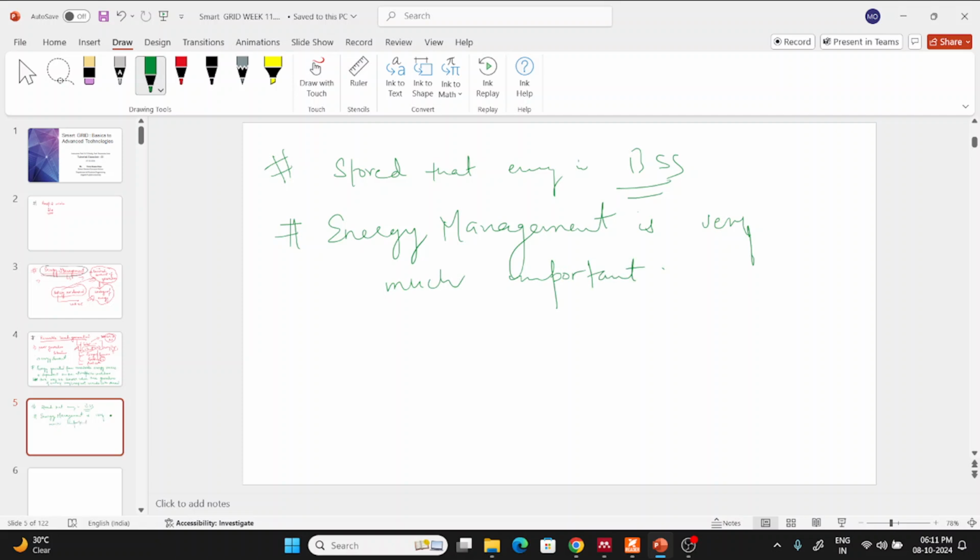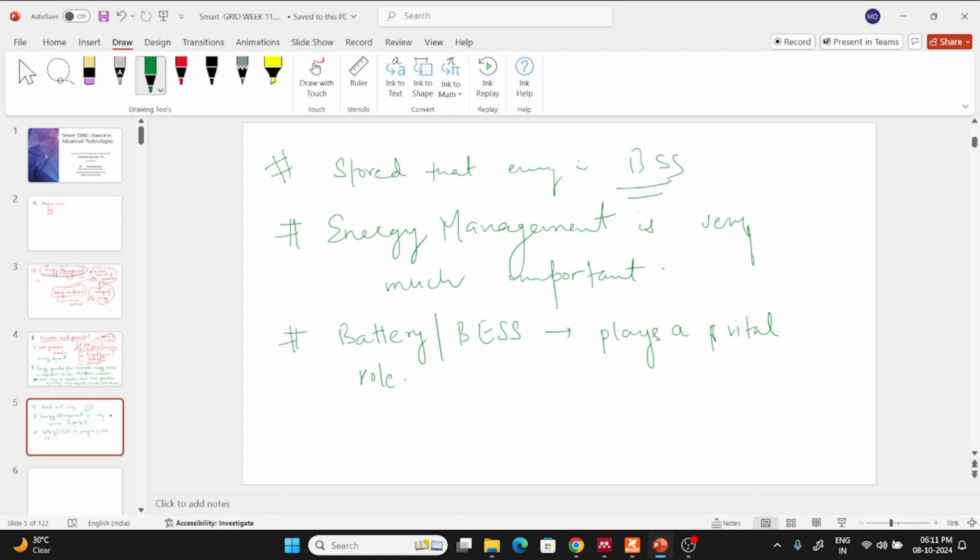Now, in this energy management, battery energy storage systems play a vital role.